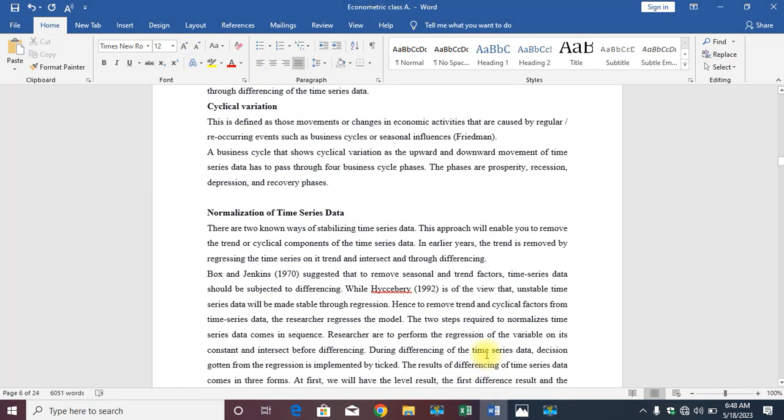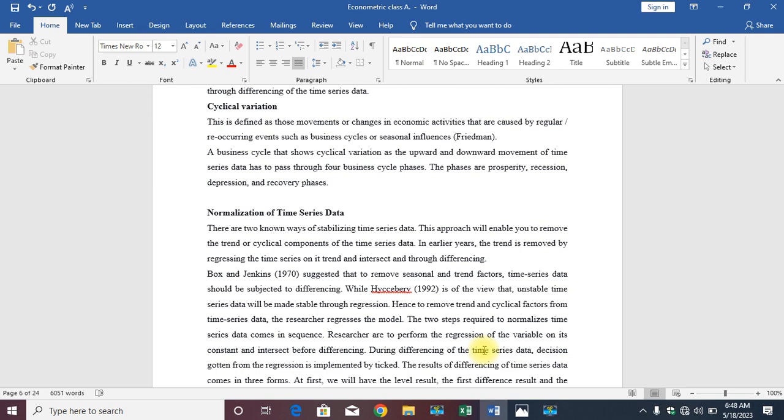In today's class, we are going to discuss the normalization of time series data. We are going to look at how time series data are normalized before they are used for any meaningful analysis.